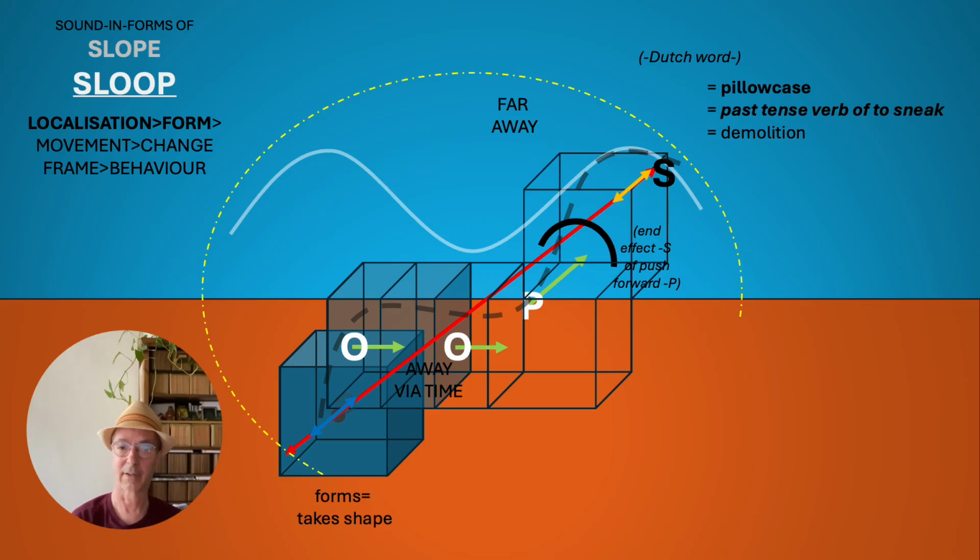The second meaning of the Dutch word, the slope, is also the past tense verb of to sneak.